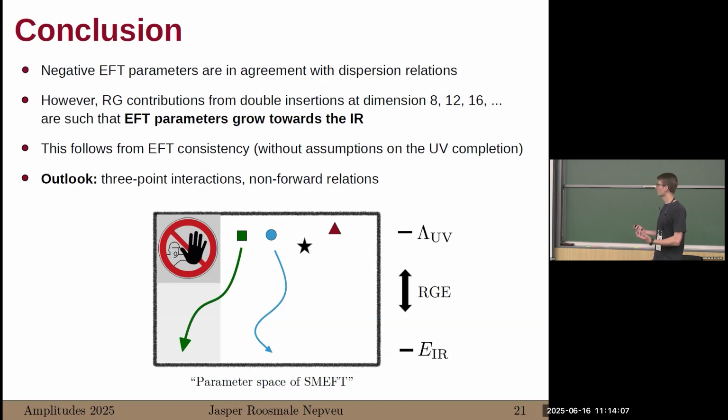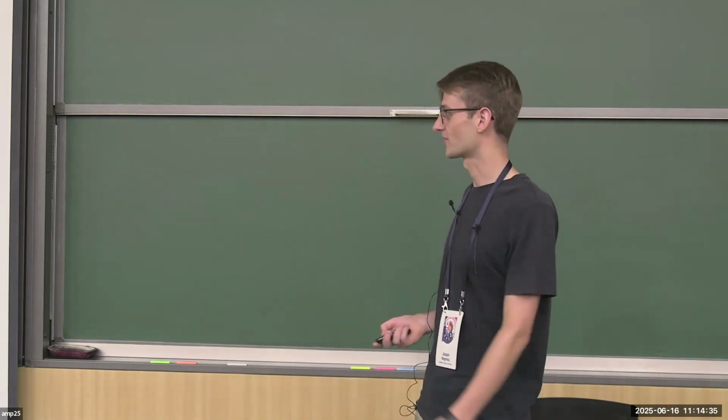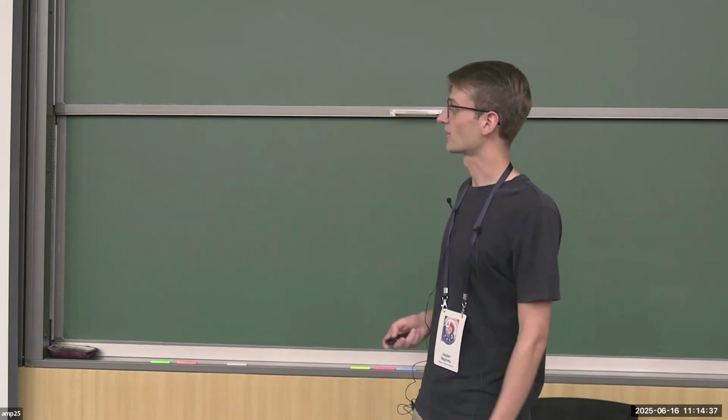What I wanted to point out in this talk is the conditions under which in the effective field theory we can identify directions in this parameter space which are generically enhanced because they always grow towards the IR. And it's very relevant to identify such corners, because those will be the parameters that you want to look at in your experiments, because those will be expected to have grown towards the IR and therefore become more relevant to look at.